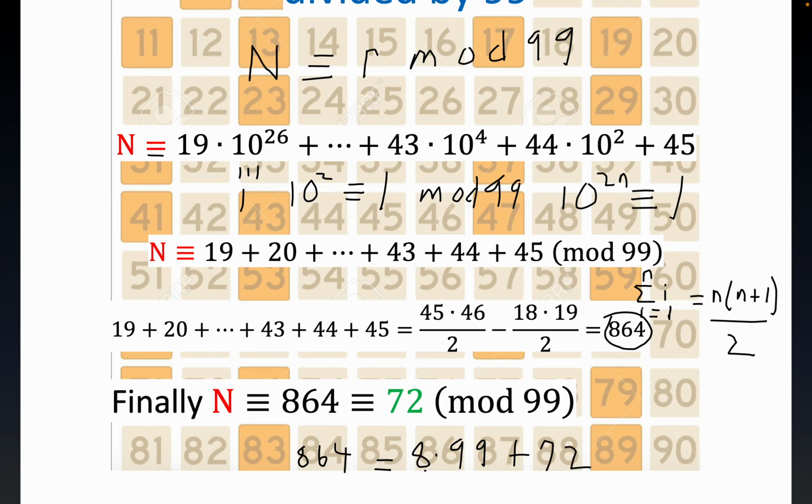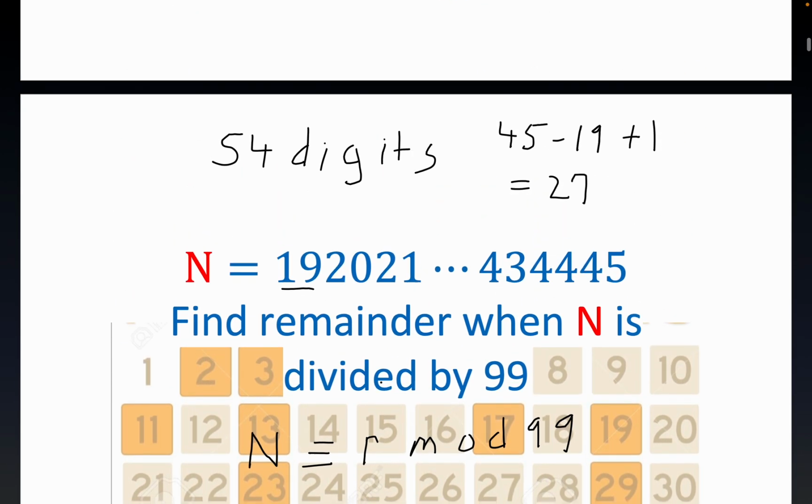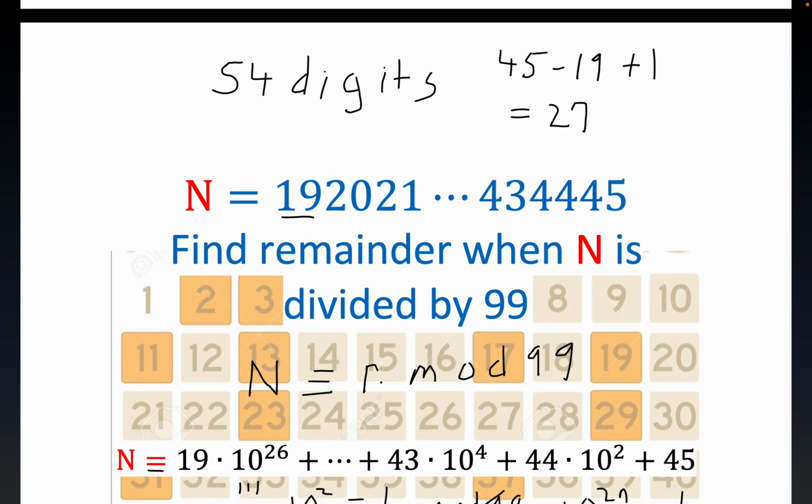Pretty sure the arithmetic's right here, folks, because 8 times 99 would be about 800. Yes, 8 times 99 plus 72 is equal to 864, but that means this part right here is congruent to 0, right? 99 is the same thing as 0 mod 99. And so that's where we get our answer, folks. 72 is the remainder. So the remainder would be 72. Good night.